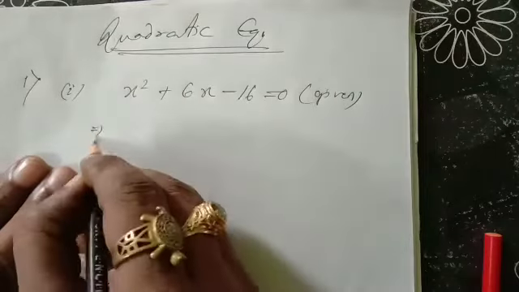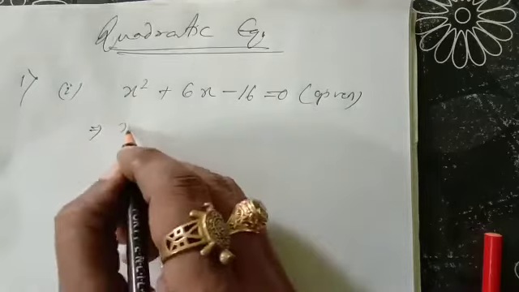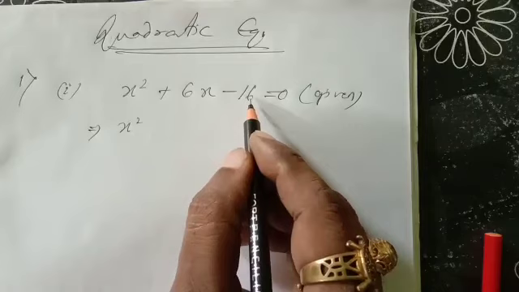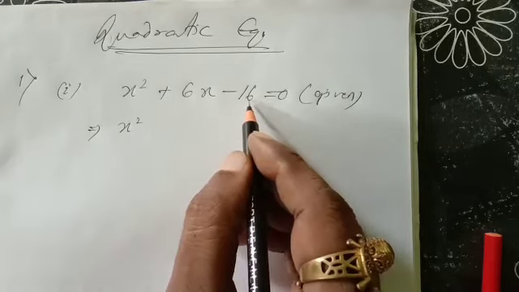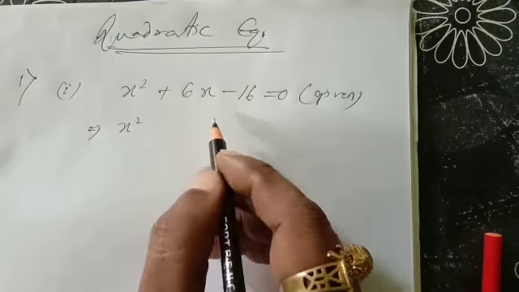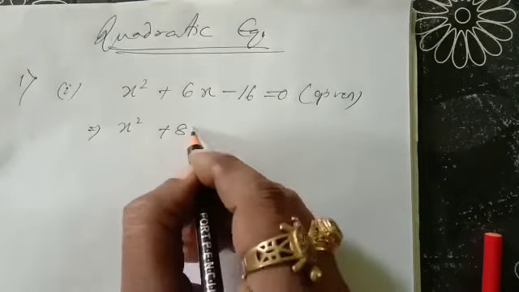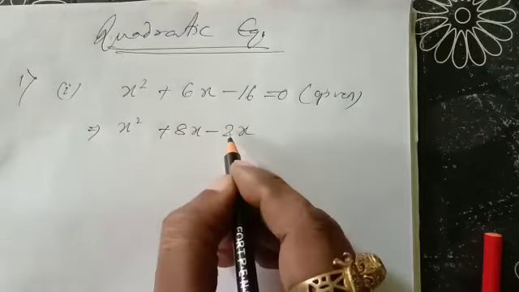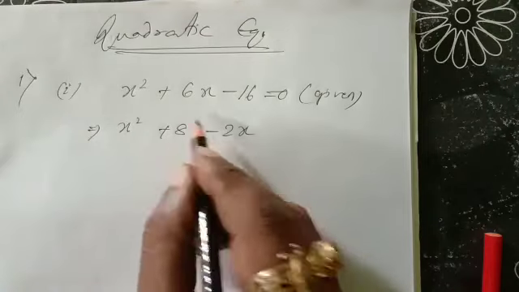You have to select two numbers whose multiplication is minus 16 and addition is plus 6. So what are the numbers? 8 and 2, that means plus 8x minus 2x. Multiplying 8 and minus 2 gives minus 16, and adding gives plus 6.